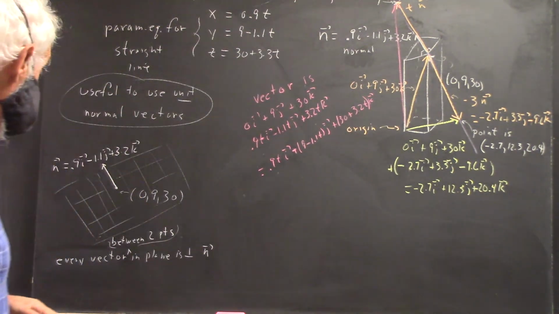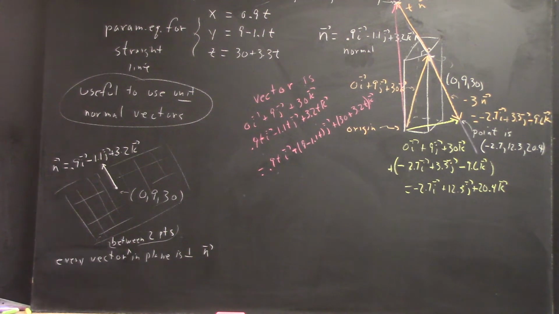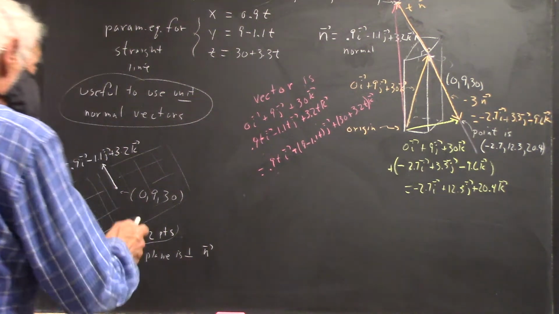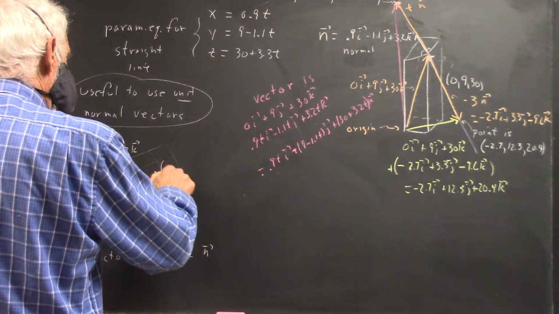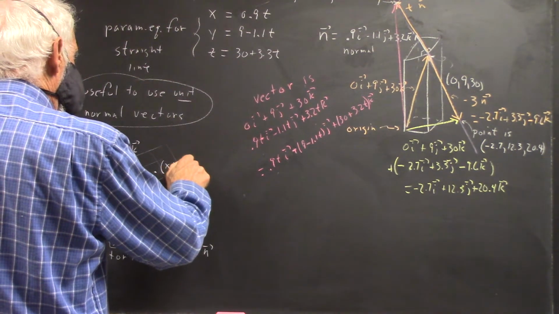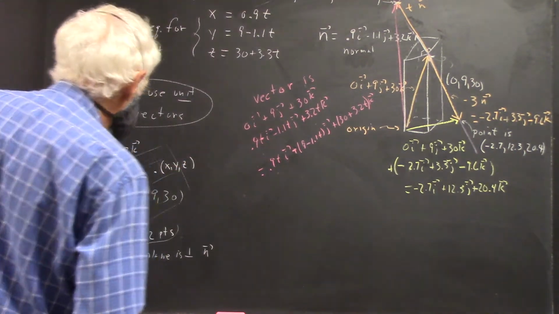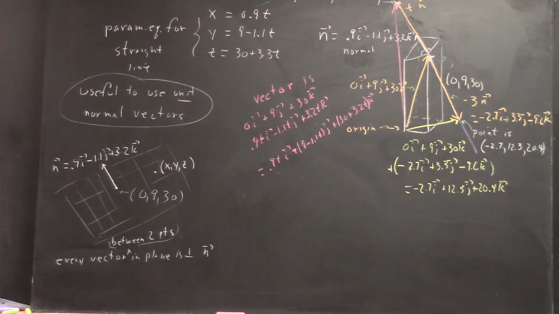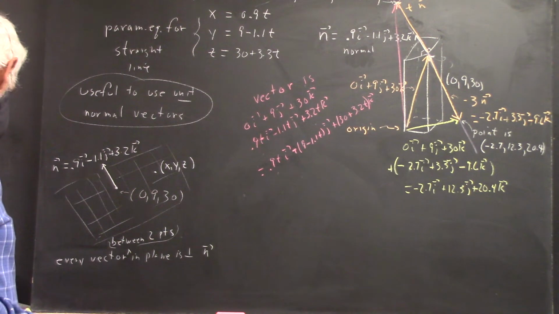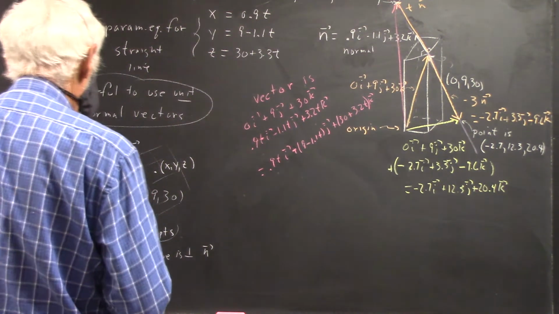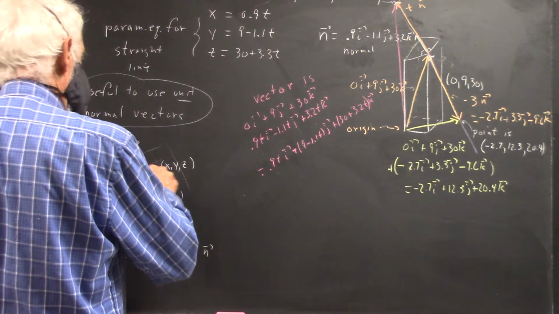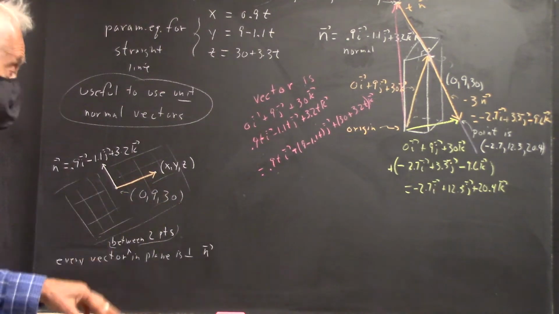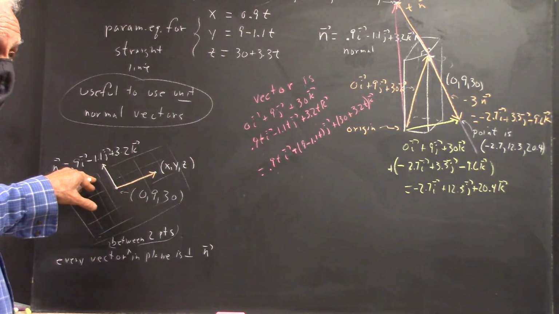Well, what we want to do is say, okay, let x, y, z be any point, and let's draw the vector from here to here. If x, y, z is in the plane, then these are 2 points in the plane, so this vector has to be perpendicular to this, right?